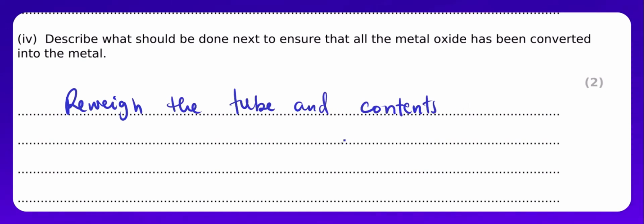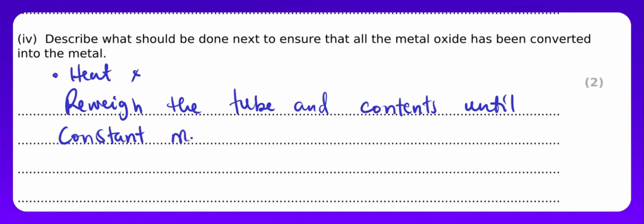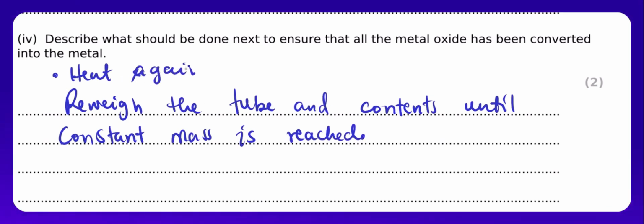Okay, so you need to heat again and reweigh the tube and contents until constant mass is reached. Now I'm going to explain why you need to heat again.